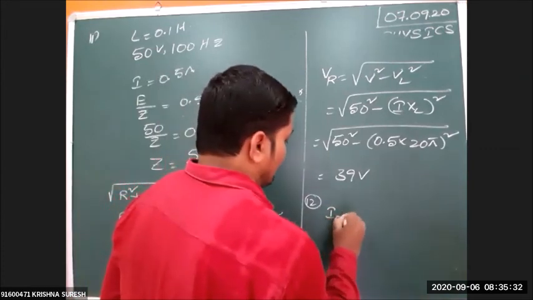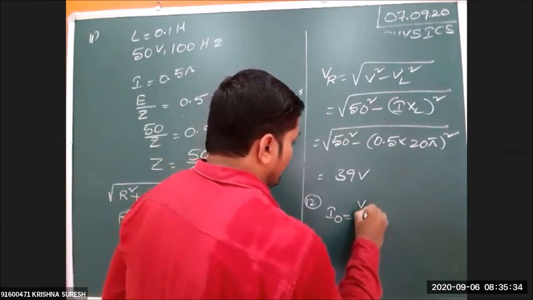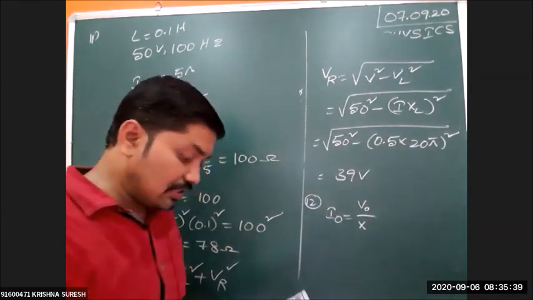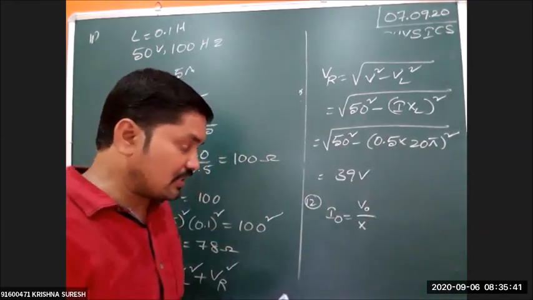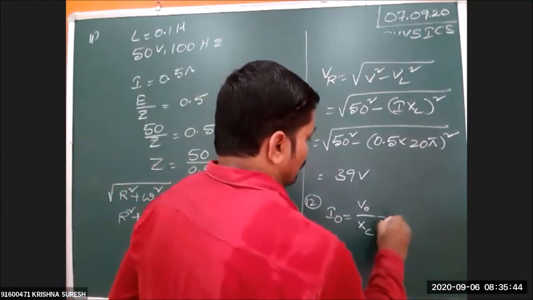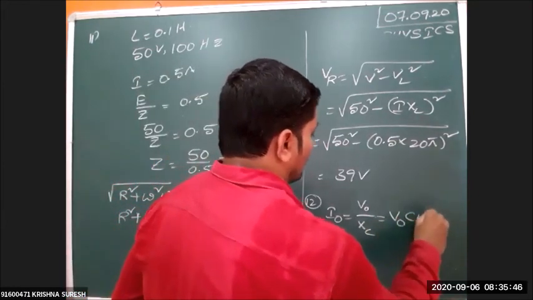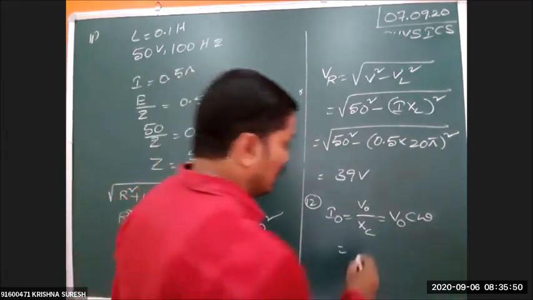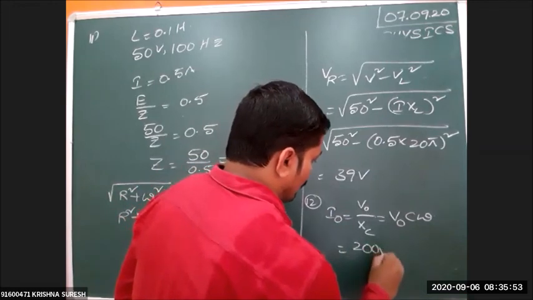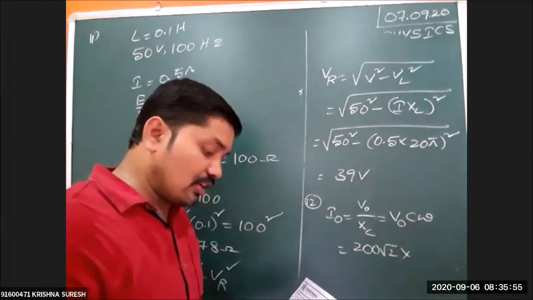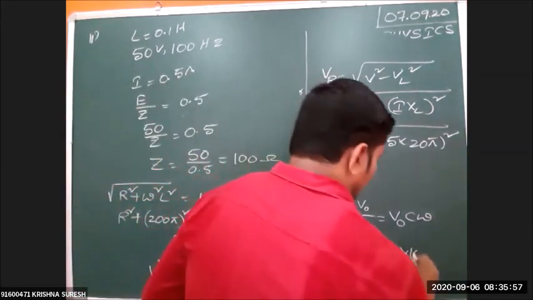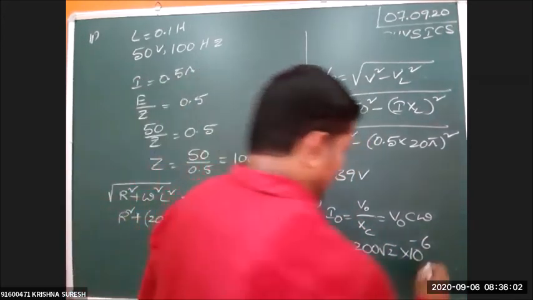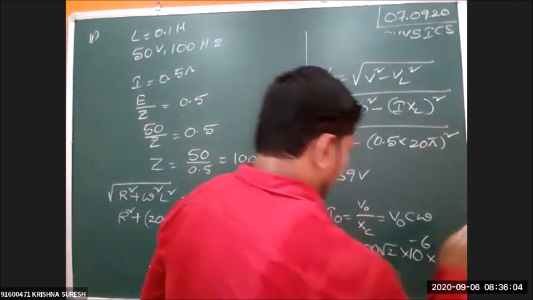Let us find I naught, which can be written as V naught by X. Here it is only a capacitor, so X is XC, and I naught can be written as V naught C omega. V naught value is 200 root 2, into C value, which he also gave you, that is 10 power minus 6, and from the equation omega is 100.